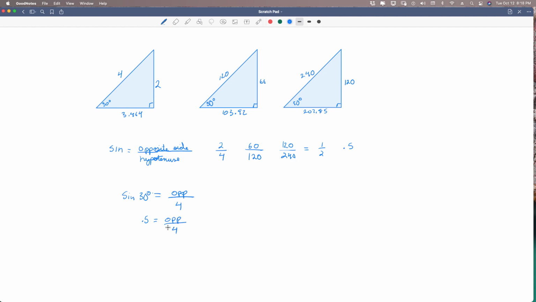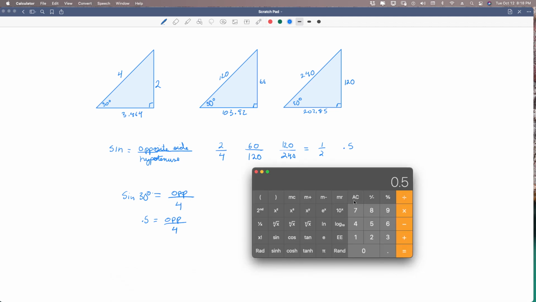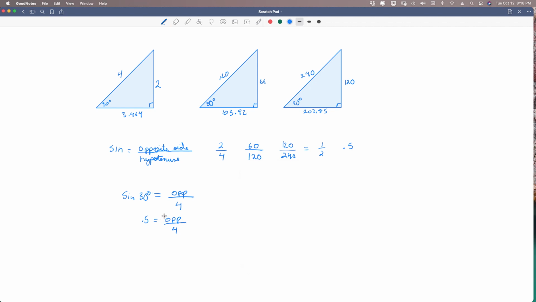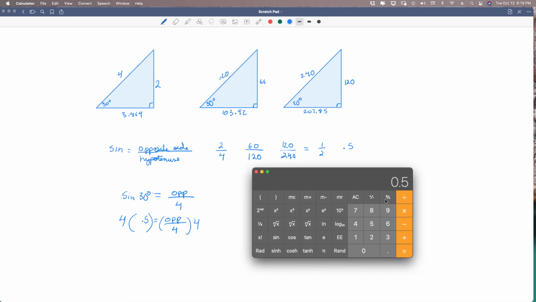So in order to undo this, I need the inverse operation of division. And the inverse operation of division is going to be multiplication. So what I'm going to do is multiply both sides by the hypotenuse. Right? We've done this before to solve for a number.